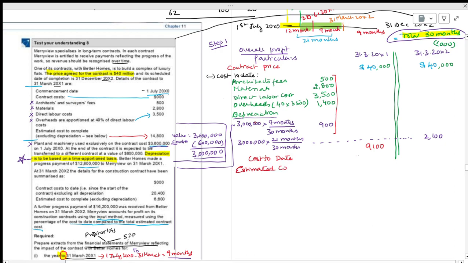Estimated cost to complete, 14,800. And here, how much is the cost to complete in the second case, at the bottom? 6,600.